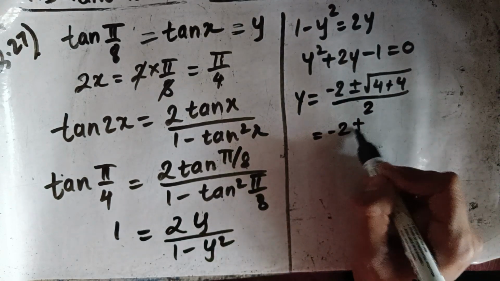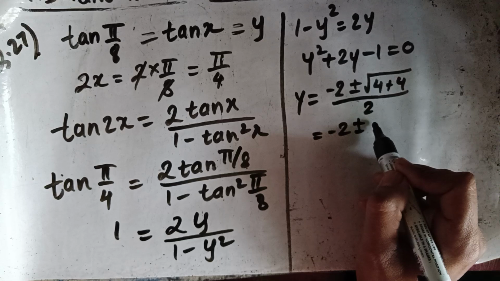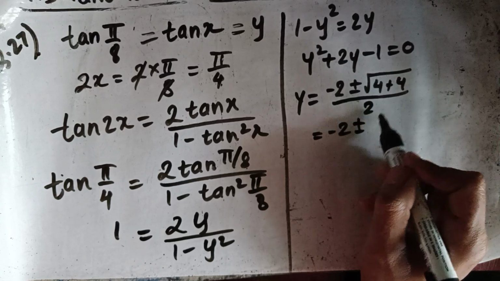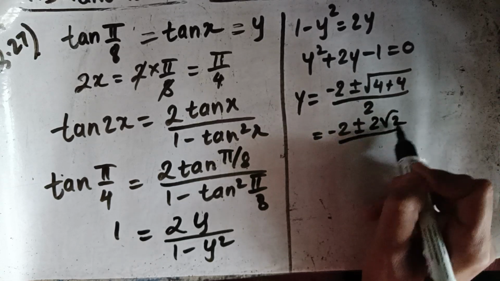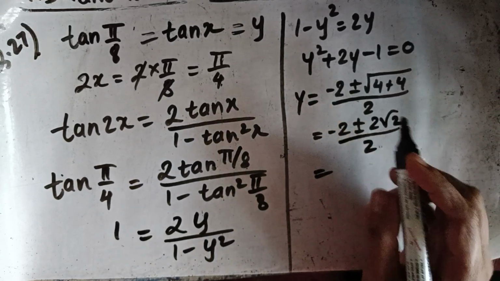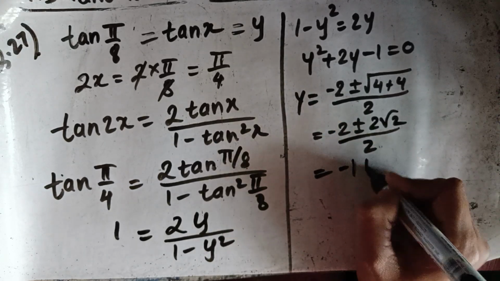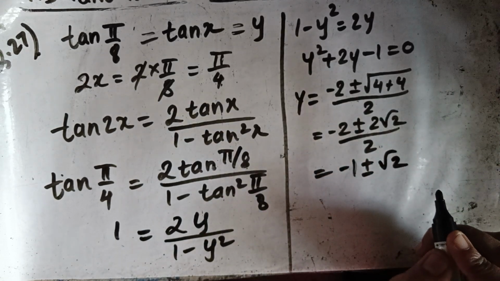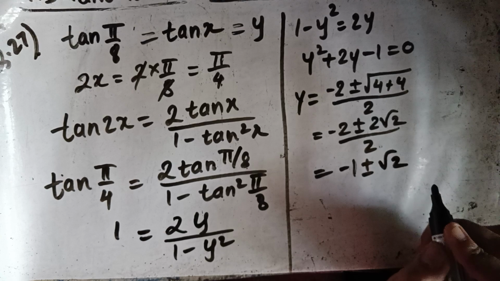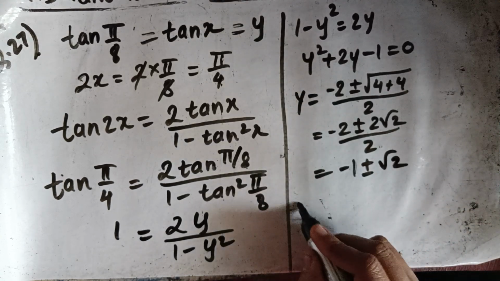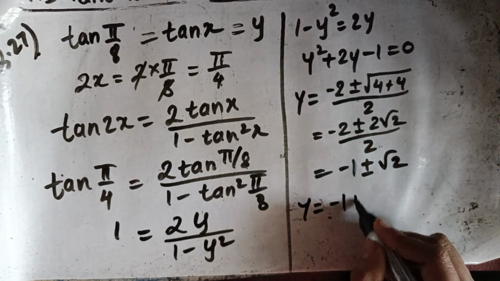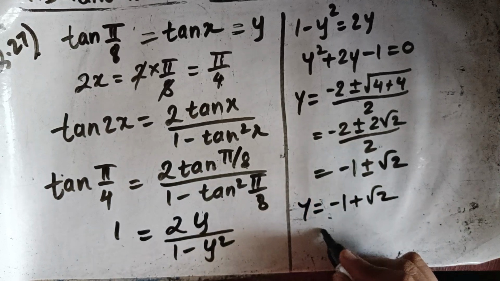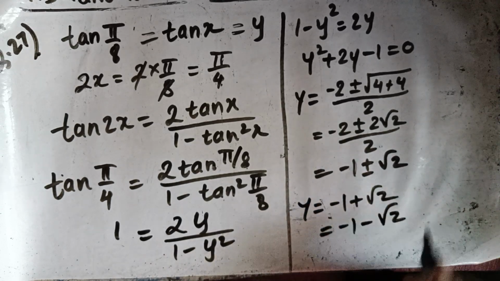Root 8 you can write as 4 into 2, which is 2 root 2. So 2 you can divide, and you'll get minus 1 plus or minus root 2. So the value of y is either minus 1 plus root 2 or minus 1 minus root 2.